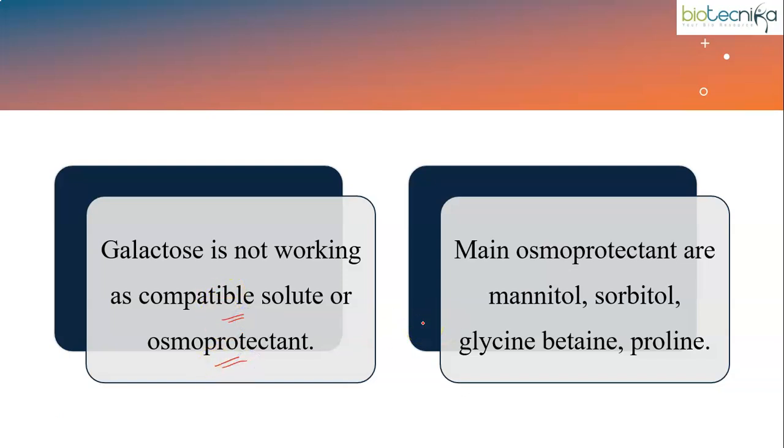Rather, as I told you, you have 4 major osmoprotectants present, that includes mannitol, sorbitol, glycine betaine and proline. So just imagine, if you know about only the osmoprotectants, you can easily fetch 4 marks out of this.